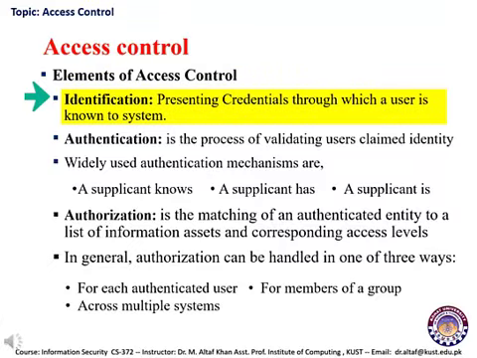Identification is the method of presenting credential through which a user is known to a system. Actually, identification is a mechanism where an unverified entity called a supplicant that seeks access to a resource proposes a label by which they are known to the system.